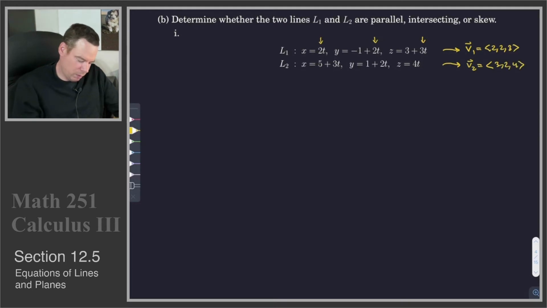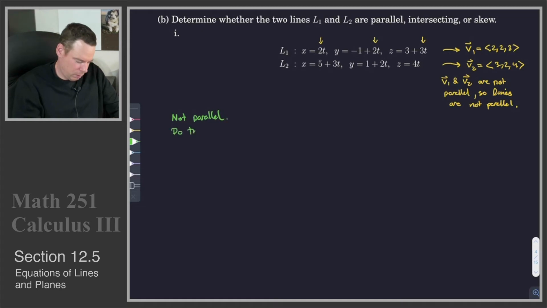And then we just notice that V1 and V2 are not parallel. They're not pointing in the same direction or even in opposite directions. So the lines are not parallel, which means now we want to check, do they intersect?